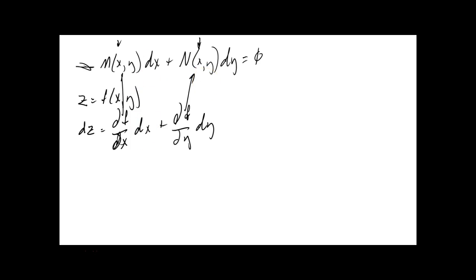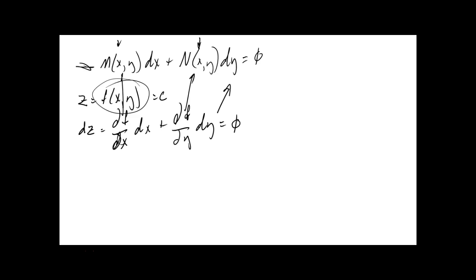So in the special case where this f of xy happens to be a constant, then dz is going to be 0, and now you're exactly at the form that we have there. It seems like a lot of coincidences, doesn't it? But that is important here.